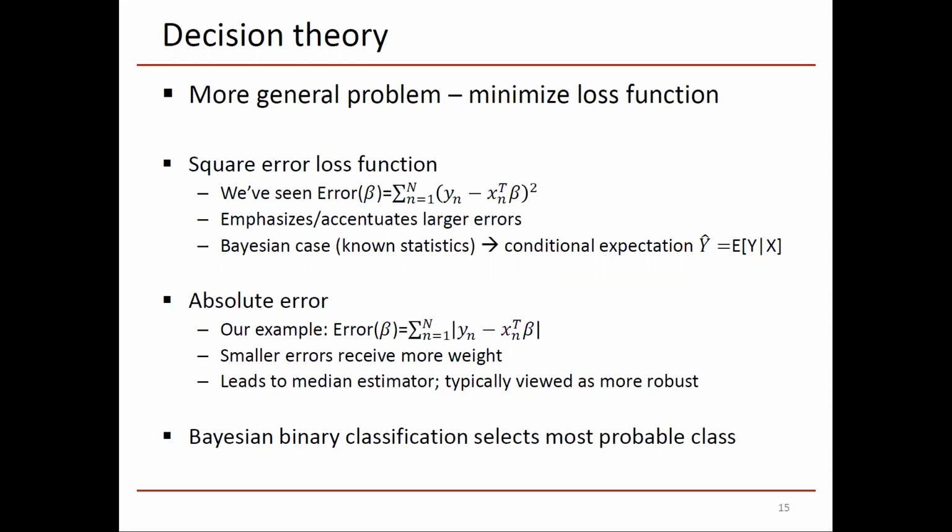One example would be a squared error loss function. We've seen a vector beta of coefficients, and the error as a function of the beta coefficients is going to be a summation over yn, measurement number n, minus xn transpose.